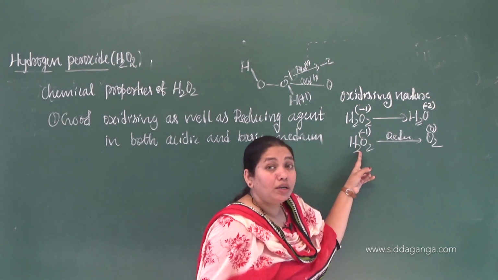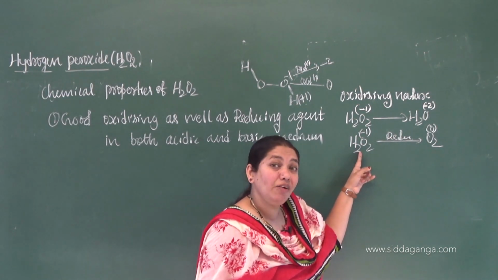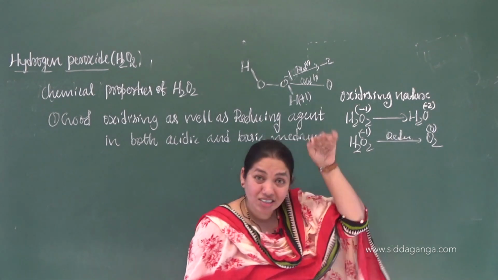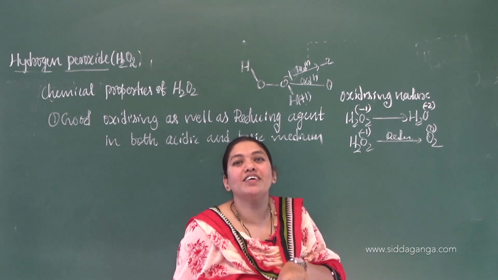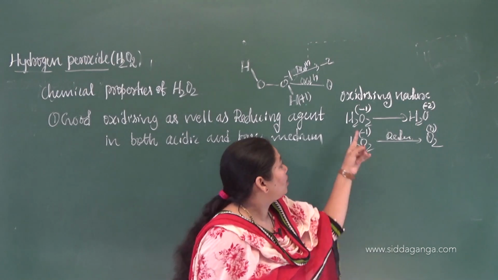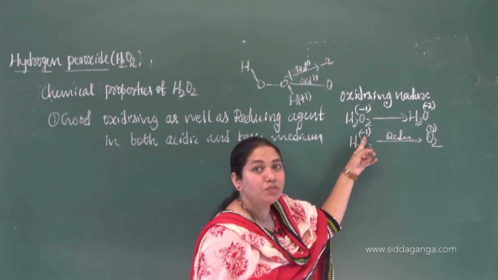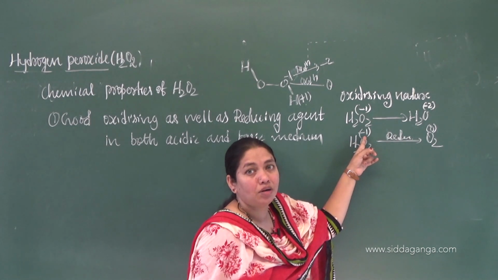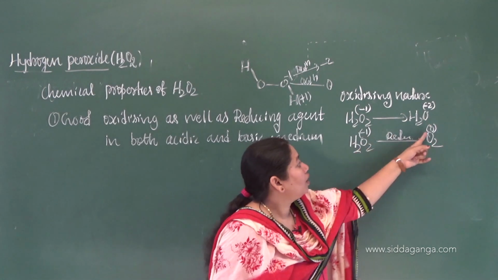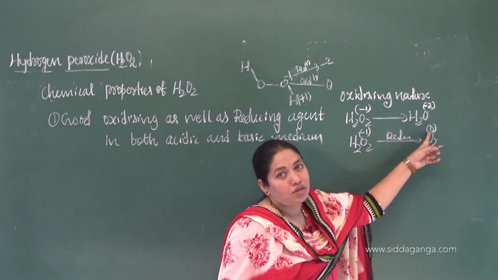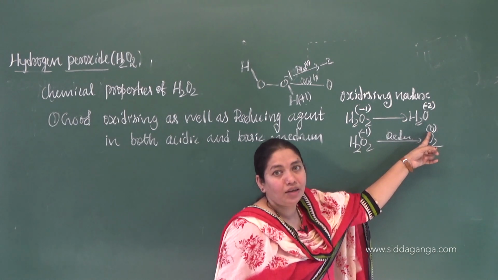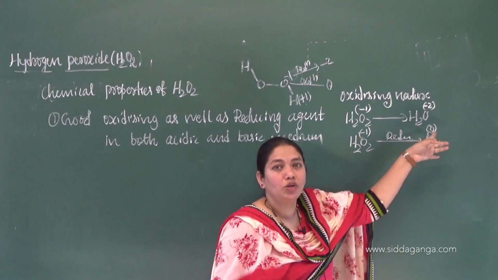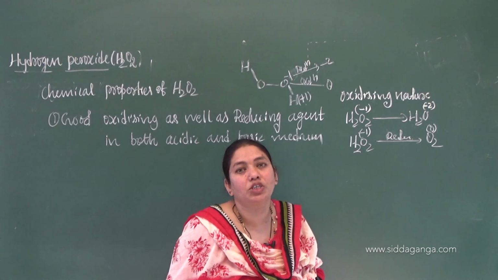Reducing agent means itself oxidizes, reduces others. You observe here, itself oxidizes means there should be an increase in the oxidation number. What is the oxidation number? -1. What has it been converted to? That is 0. Right? Is -1 bigger or is 0 bigger? 0 is bigger. There is an increase in the oxidation number.